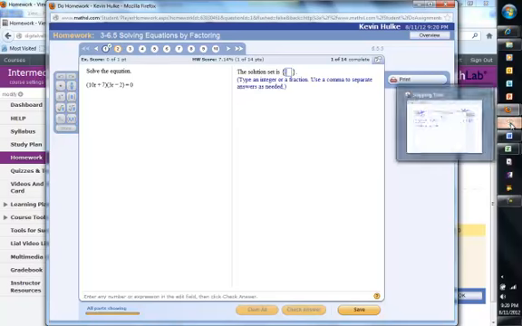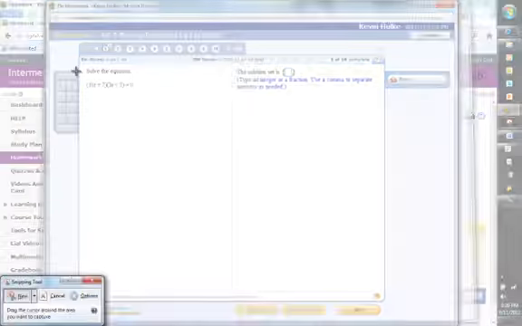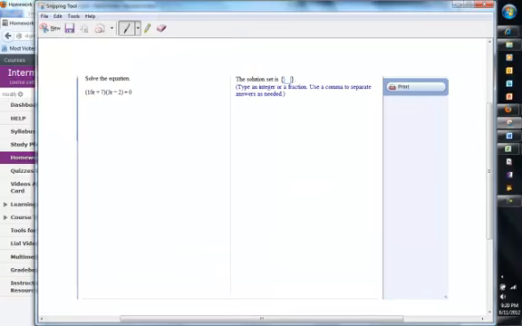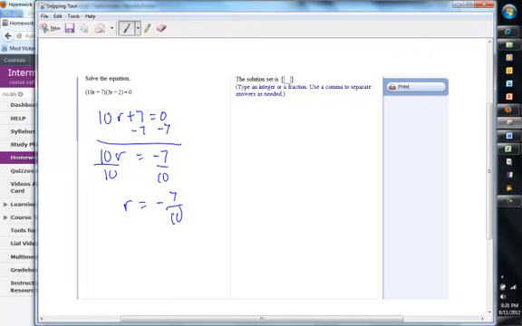So this time we're going to have two factors that are fractions, and I'll show you how you get those. Either 10r plus 7 equals 0, subtract 7 from each side, and you get 10r equals negative 7, divide by 10. r is negative 7/10.